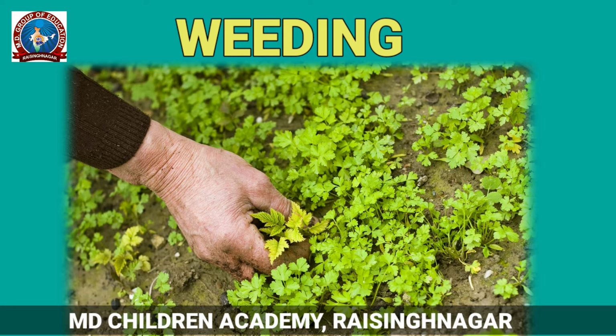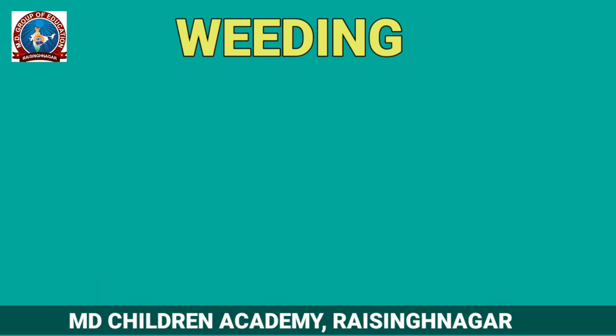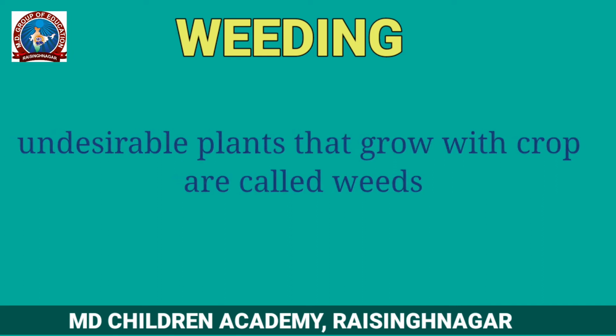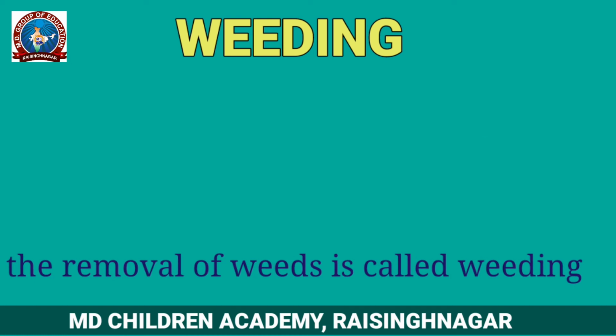But we should know what weeds are, and why it is required to remove these plants. The undesirable plants sometimes may grow naturally along with the crop, and these undesirable plants are called weeds. The removal of weeds is called weeding.